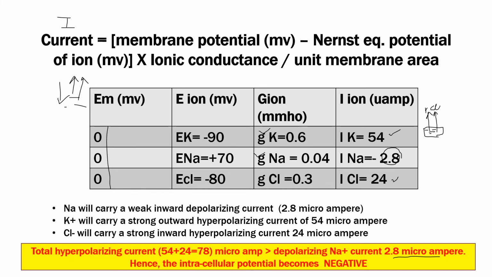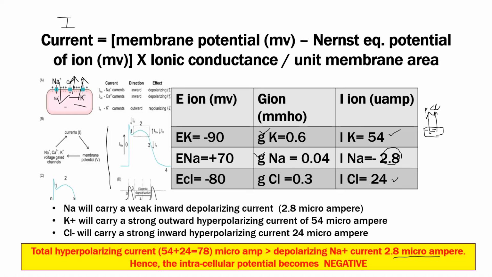So which force is more dominant here? The one causing hyperpolarization, that is intracellular negativity. So the potential is not zero; obviously the intracellular part should be negative. How negative? The point where the hyperpolarizing and depolarizing currents balance each other. Sodium is the only depolarizing current, about 2.8.